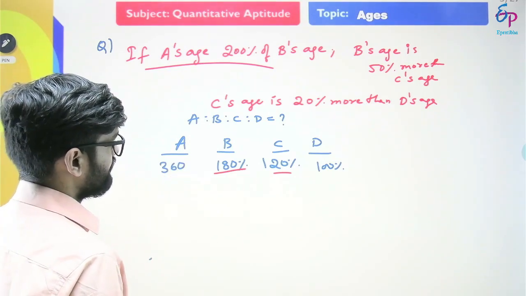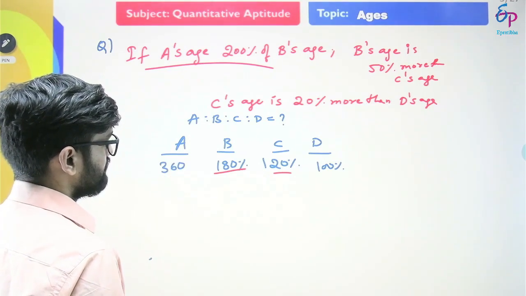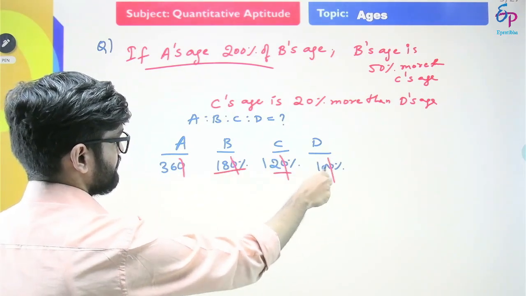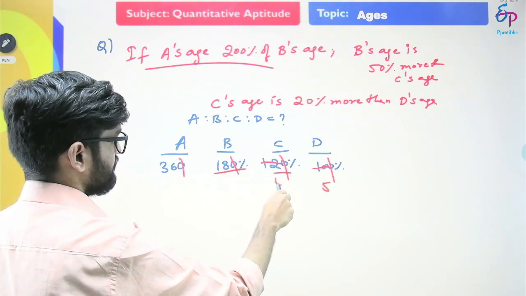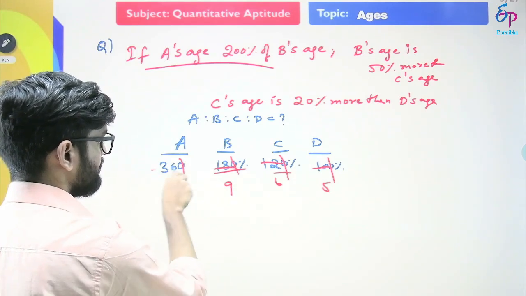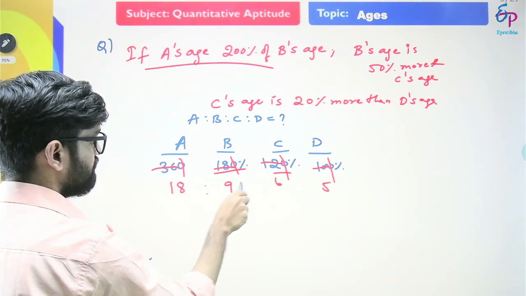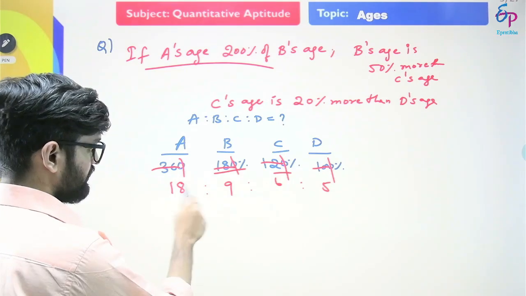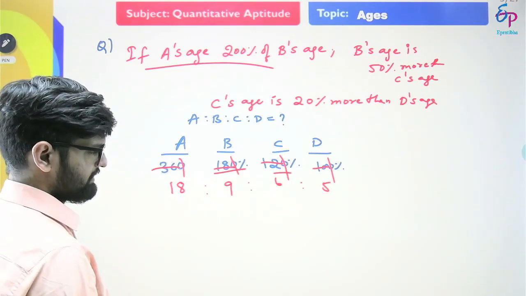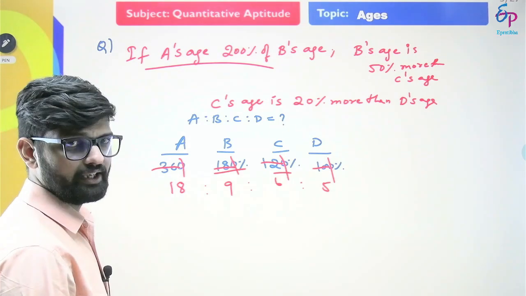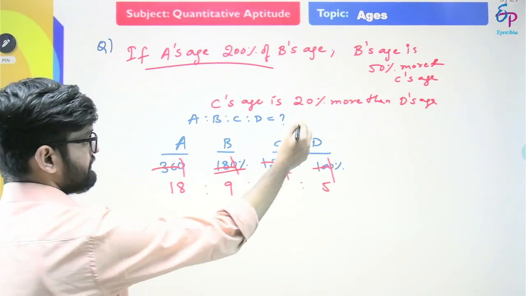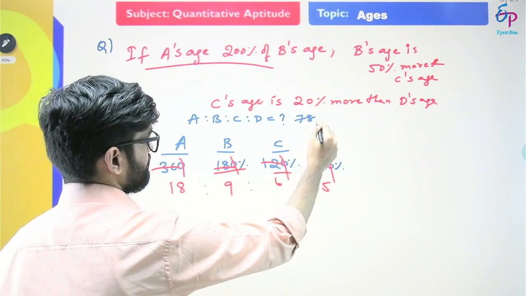Okay, where do we cancel this? You can cancel the zeros. This is 5, this is 6, this is 9, this is 18. 18 plus 9 is 27, 27 plus 6 is 33, 33 plus 5 is 38. Suppose this sum is 780, the sum of the ages.